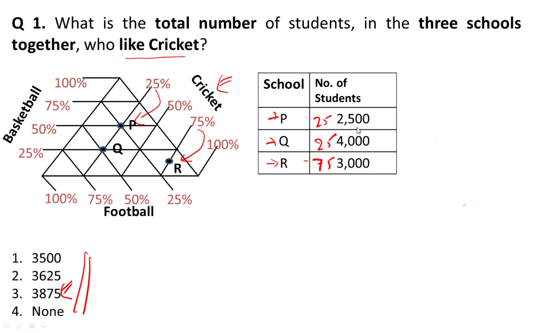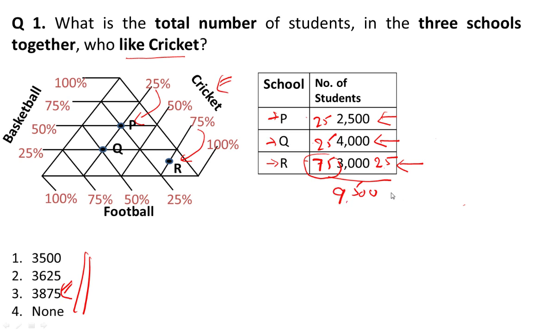Here 25% of 2500, again here, now again 25% of 4000 and 75% of 3000. Instead of 75, I will also take 25% of it. So in the process, what happens is I am taking 25% of P, 25% of Q and 25% of R. So instead of 3 calculations, I can take the total of the number of students, that is 2500, and then 2 plus 4 is 6 plus 3 is 9.